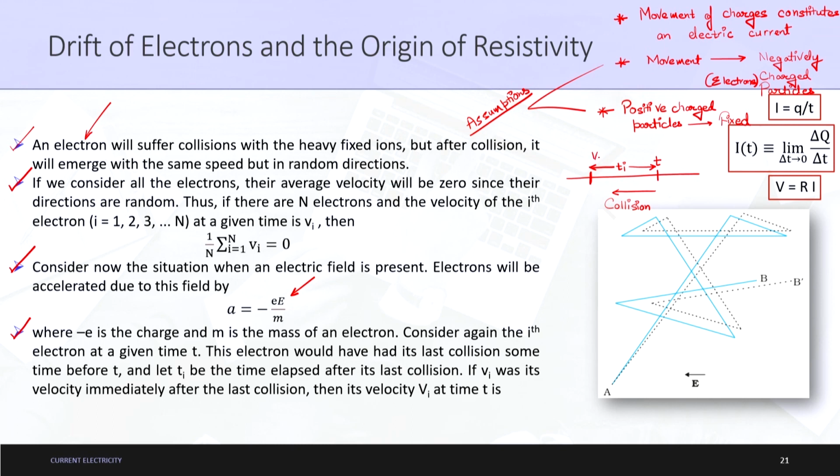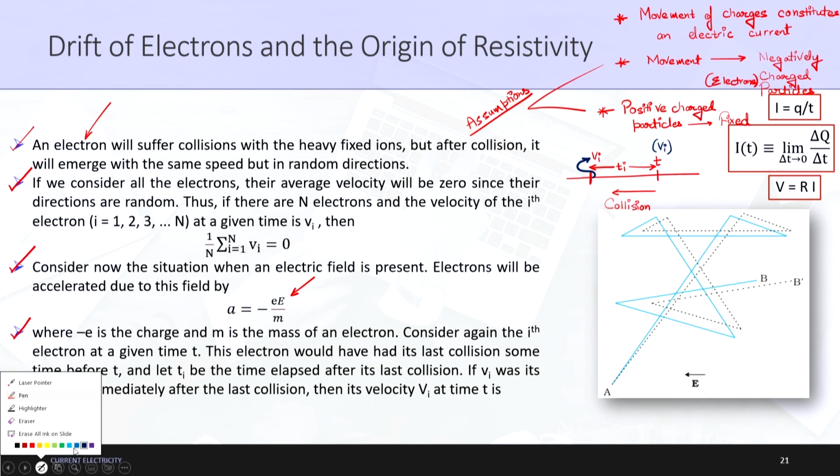Let us suppose the velocity immediately after the last collision is small vi at this portion. This is the point at which I find the velocity just after collision, and now we need to find out the velocity at time t equal to small t.